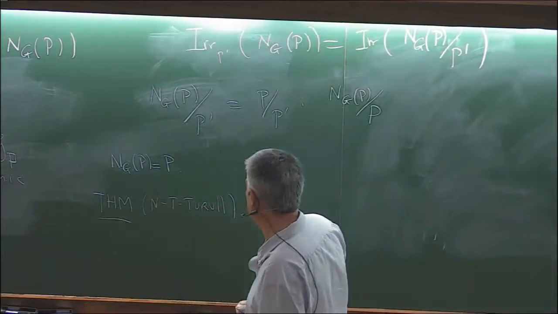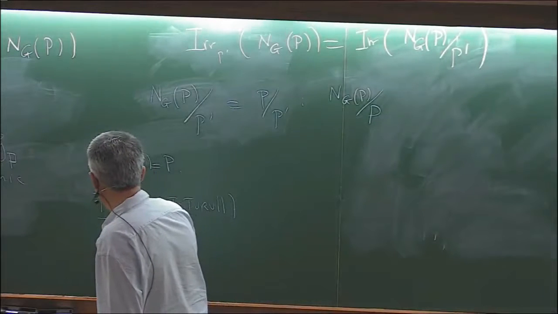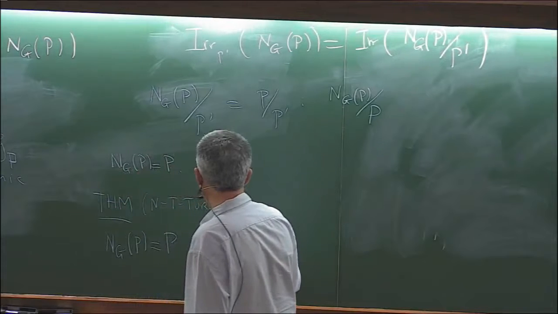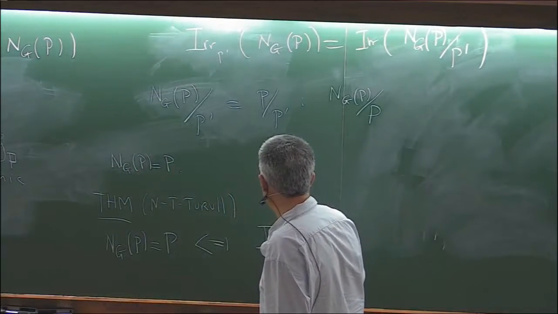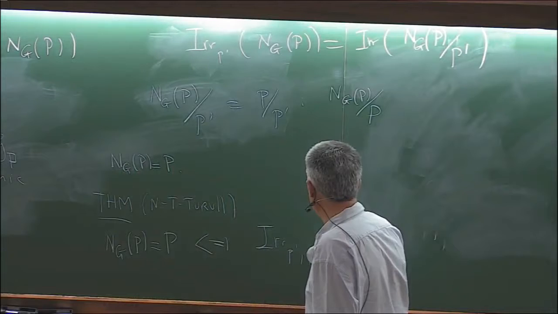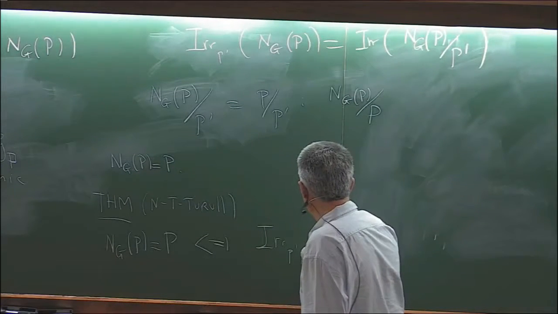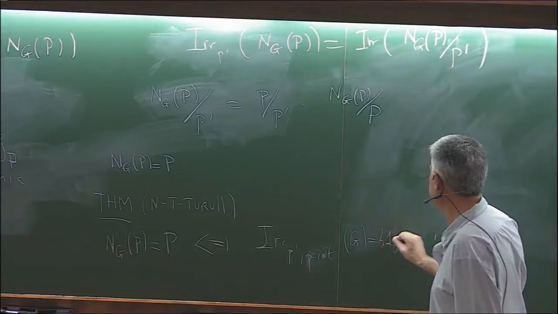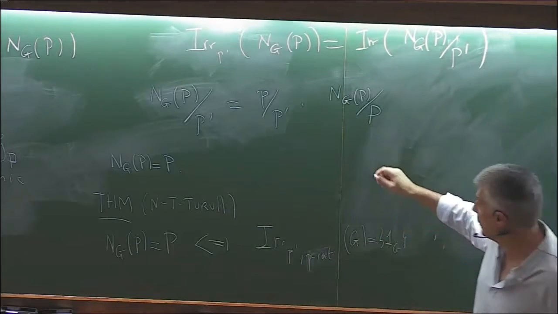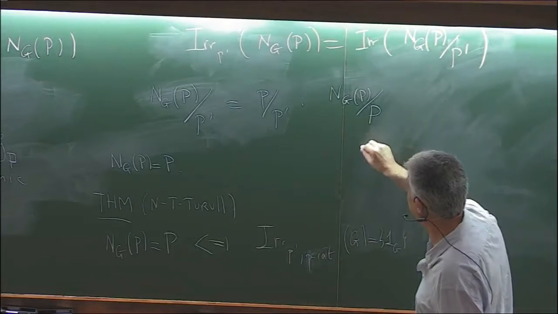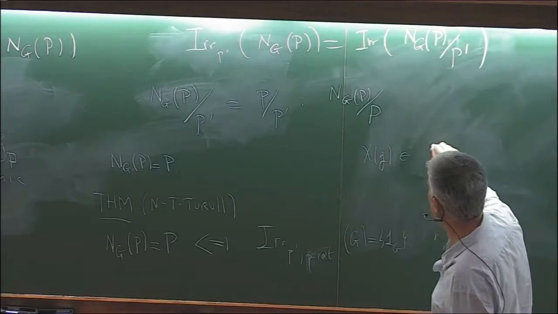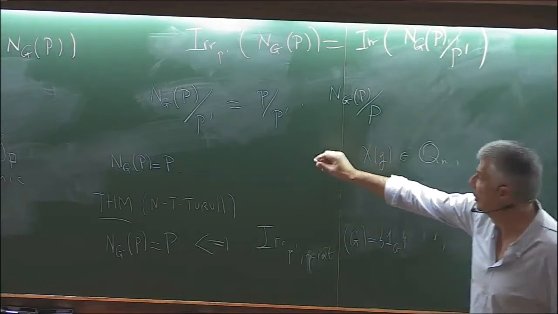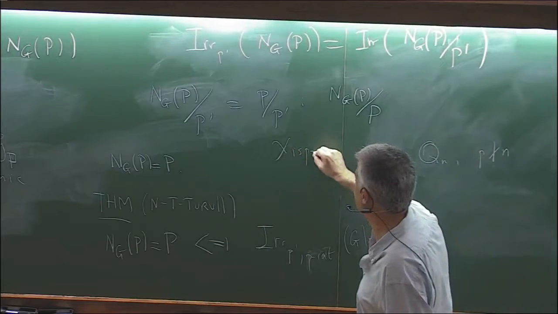We have proved that. And the consequence is that the normalizer of P equals P if and only if the only P-prime degree, I will explain later, P-rational character of G is the identity. A character is P-rational if the field of values lies in some cyclotomic field where P doesn't divide N. So a character chi is P-rational if this happens.